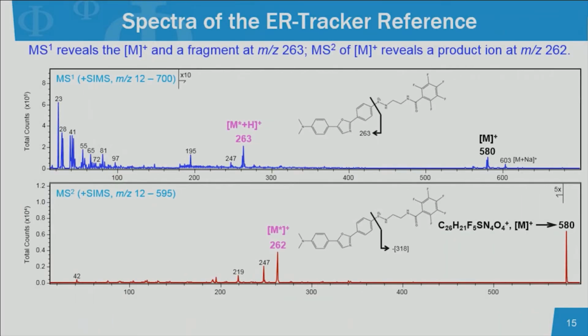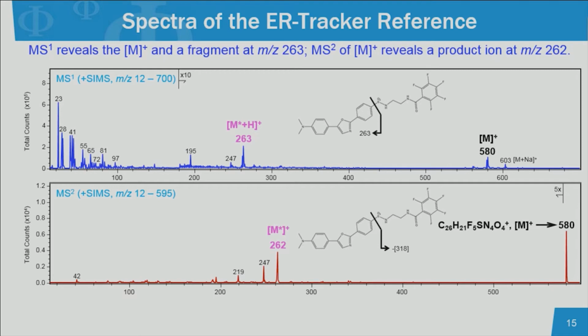So we go back to our reference sample. In the positive ion polarity here on the reference, we do see the molecular ion of the ER tracker at 580, the sodium adduct at 603. And what we see in the MS1 spectrum is a fairly prominent fragment ion at a mass to charge ratio of 263.